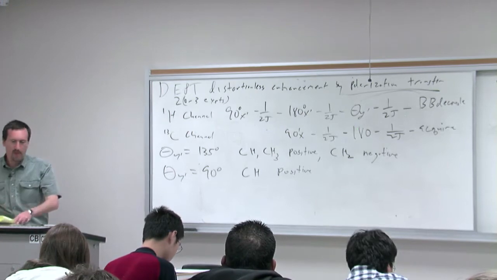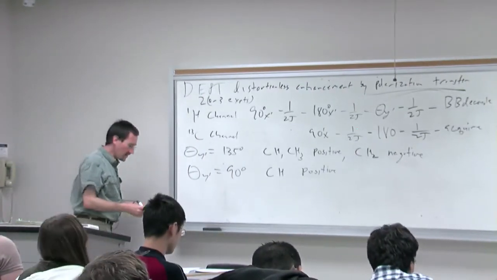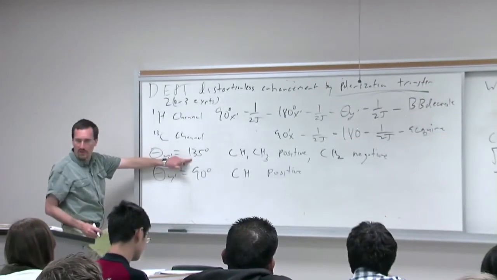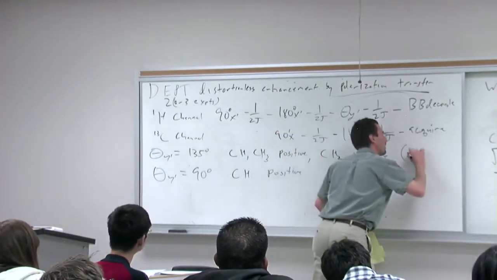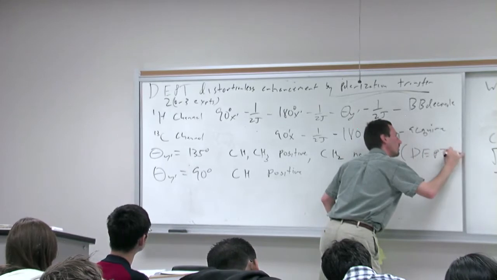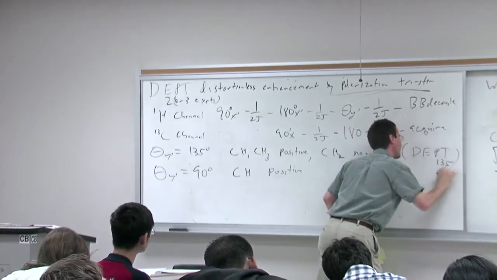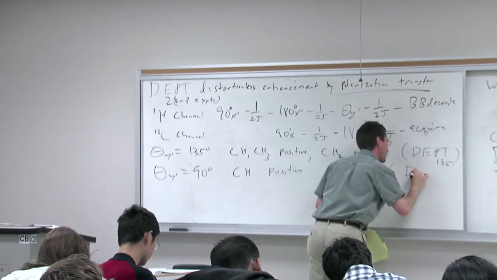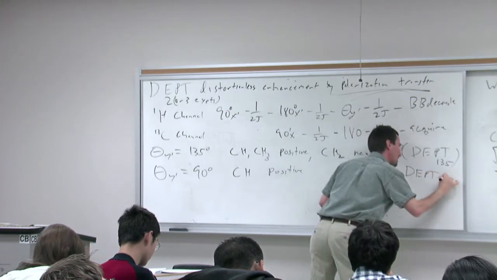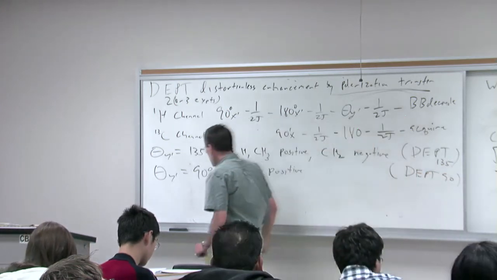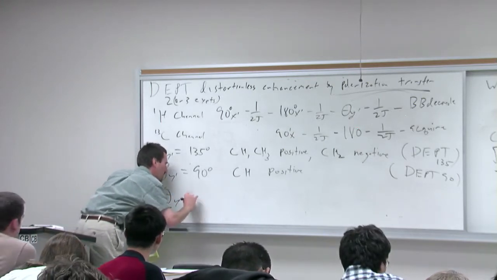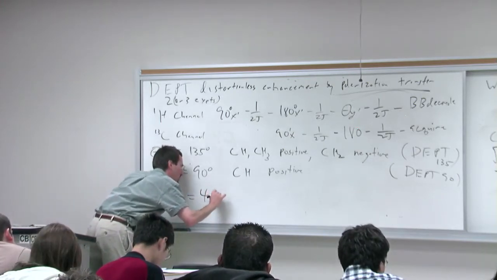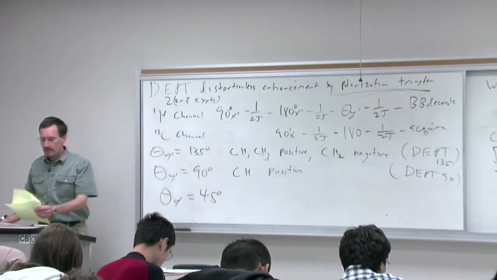And some people will do an experiment. So this is, of course, called a DEPT 135. And this is called a DEPT 90. And some people will do a third DEPT experiment where they do a theta Y prime pulse of 45 degrees.